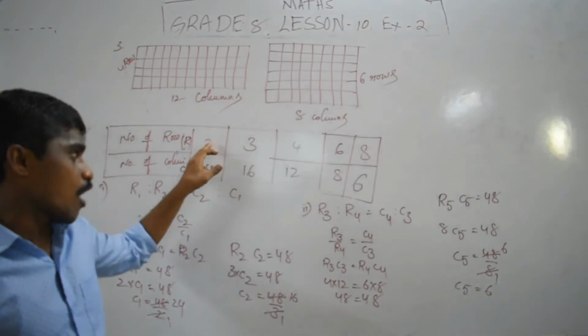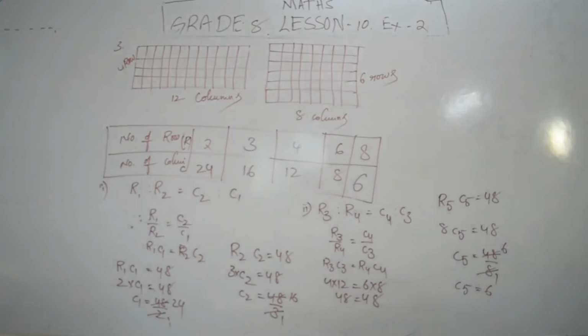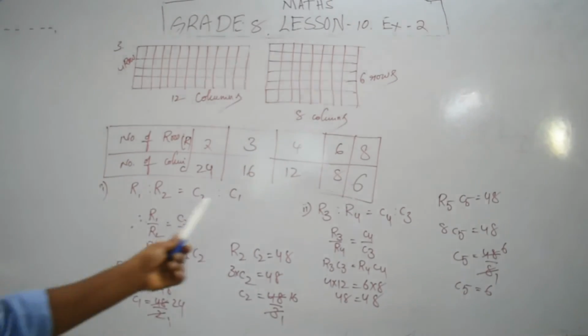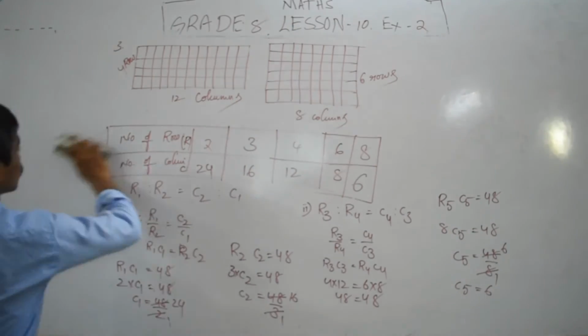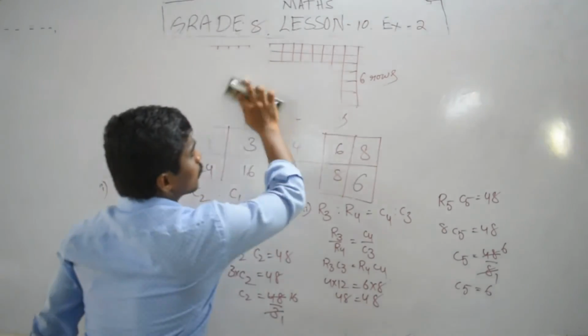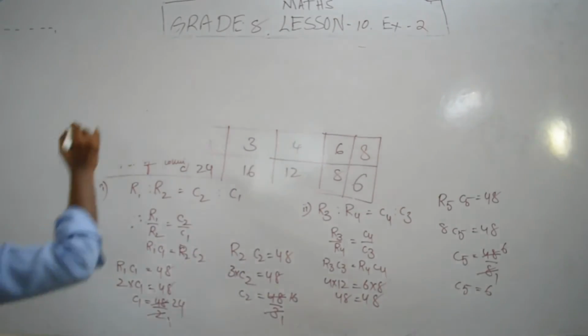X quantity increasing, Y quantity decreasing. So this is inverse proportional. Next, R and C are inversely proportional to each other. Yes. This is the first, that is the second. Next one. Here asking third one.